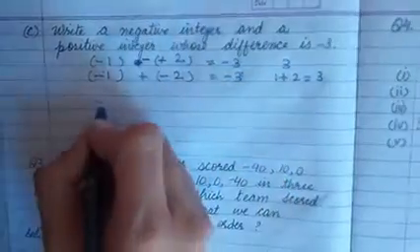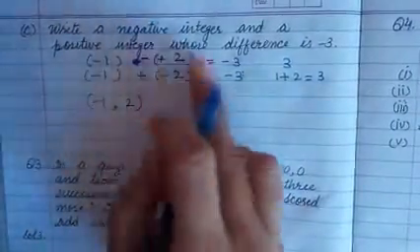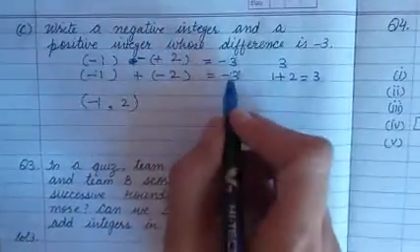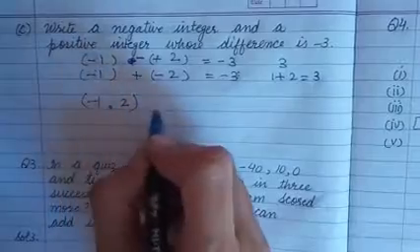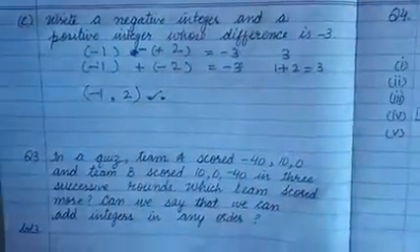We'll write here -1 and here 2. This pair, when we take, the answer will be -3. -1 -2 is -3. This pair will give us this situation.